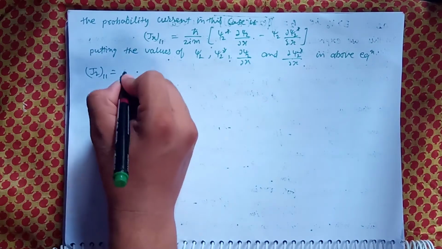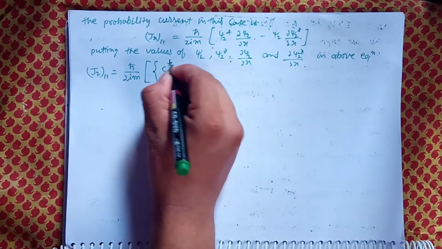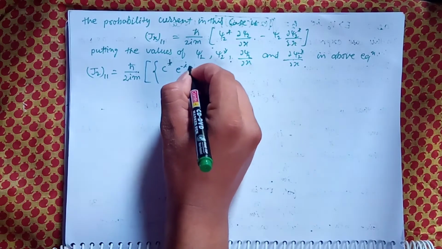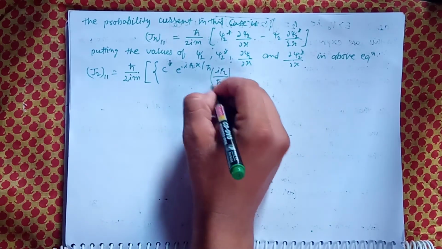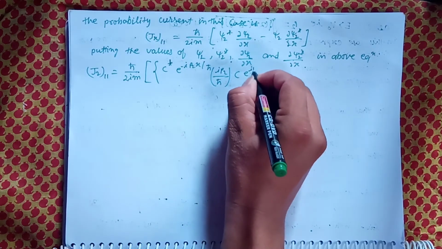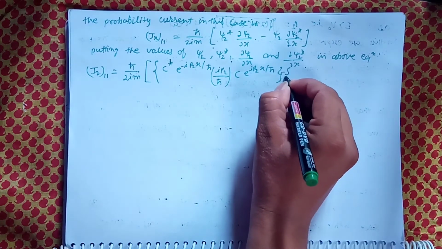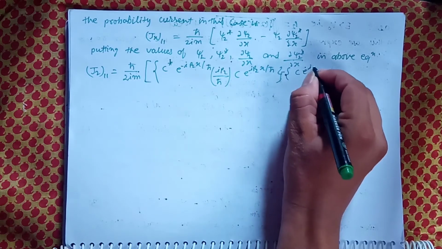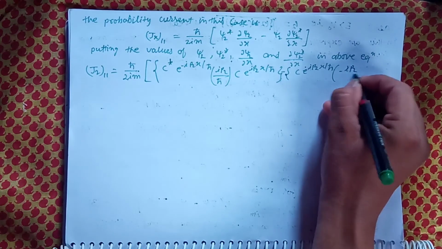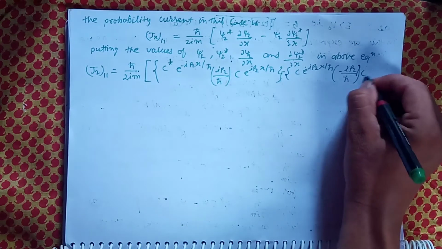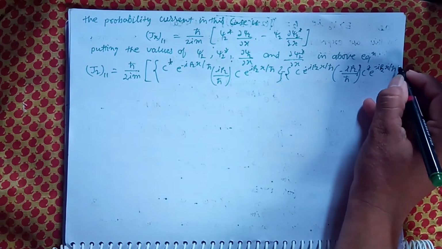jx second is equal to h cross over 2 iota m bracket C star e raised to power minus iota p2 x over h cut iota p2 over h cut C e raised to power iota p2 x over h cut bracket minus bracket C e raised to power iota p2 x over h cut minus iota p2 over h cut C star e raised to power minus iota p2 x over h cut bracket close.